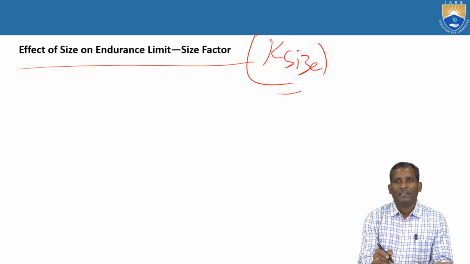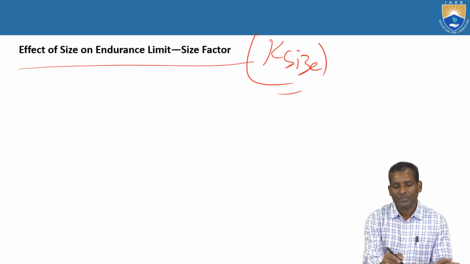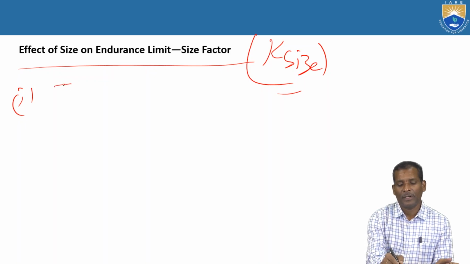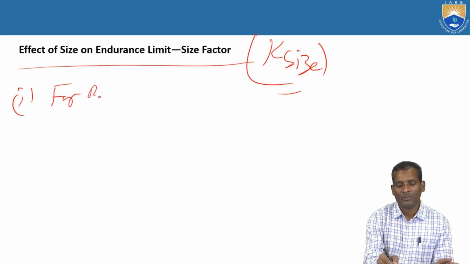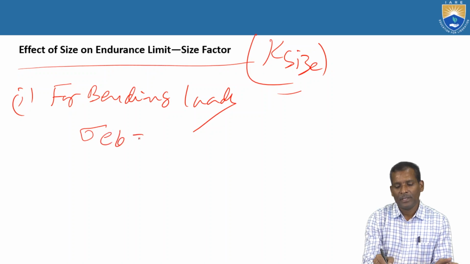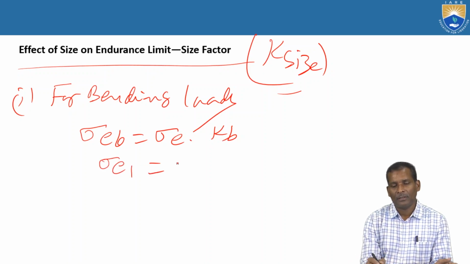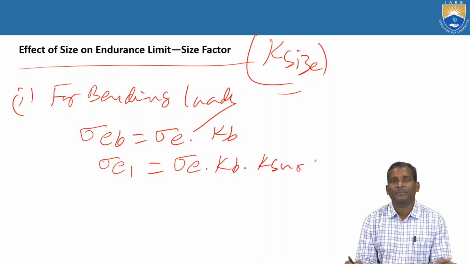So again calculate the endurance limit values for different loads when considering size factor. First, for reversed bending loads, we have already calculated sigma EB equals sigma E KB, and with surface finish factor, sigma E KB multiplied with K surface.